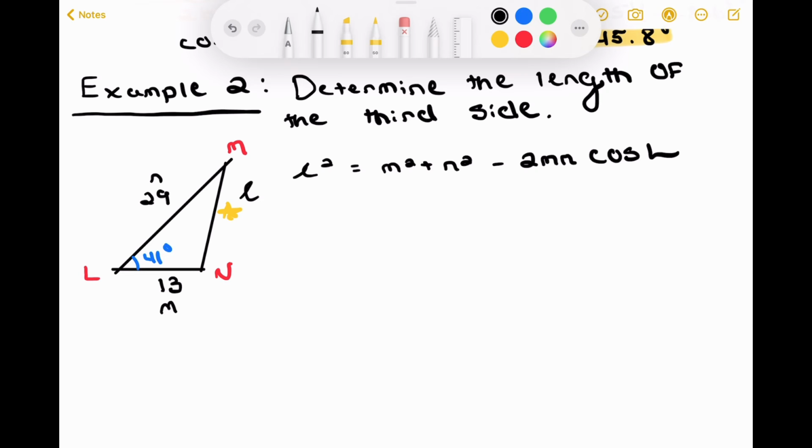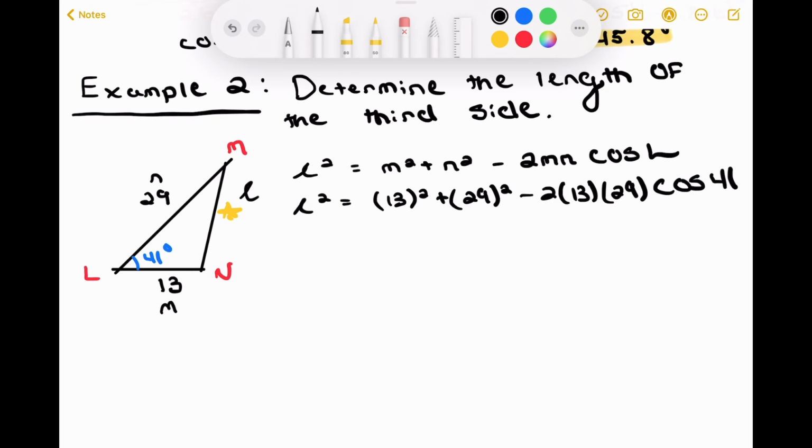And now we can plug in everything we do know because we know everything besides the length L. So L squared is equal to, the side length M is 13 plus N, which is 29, minus 2 times 13 times 29, and then cosine L was 41 degrees.